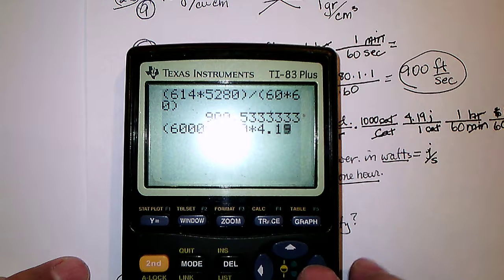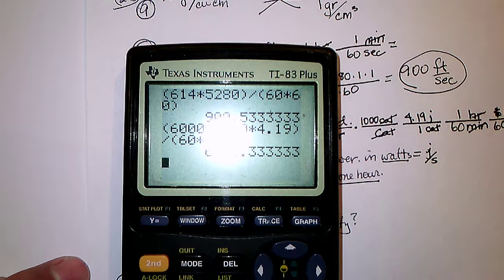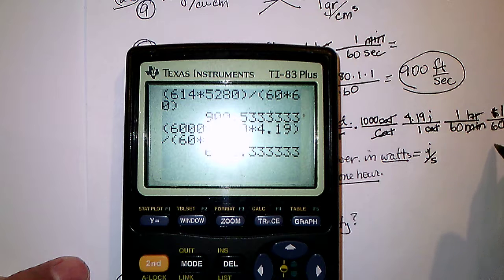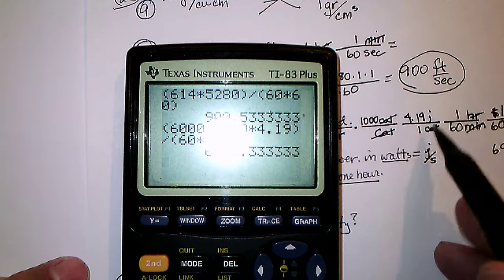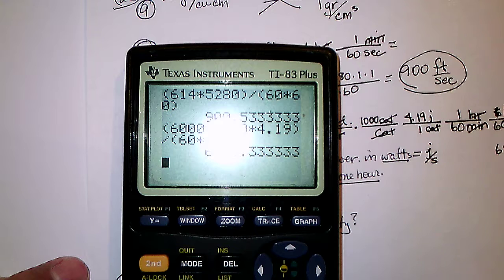Times, there we go. That's the numerator. All that, close the parentheses, divided by, open my parentheses, 60 times 60, close parentheses. So it's 6,983 watts. Joules per second, which is what a watt is.